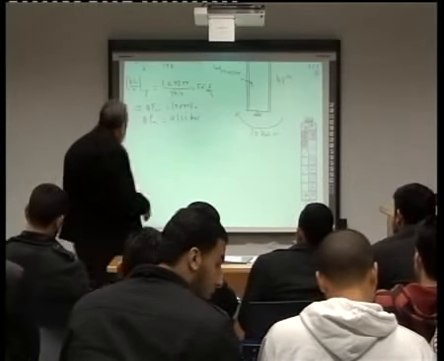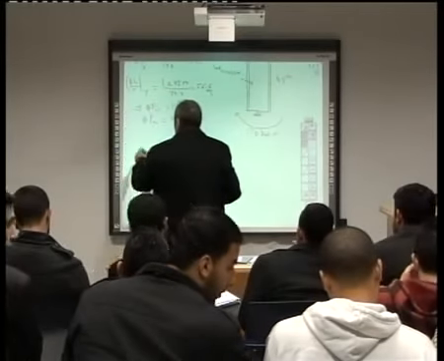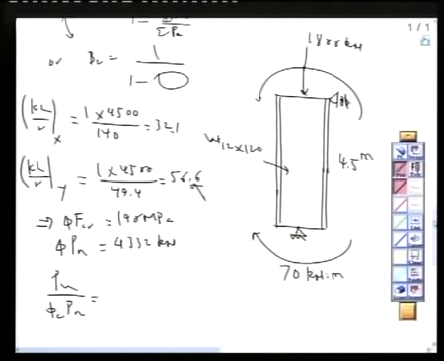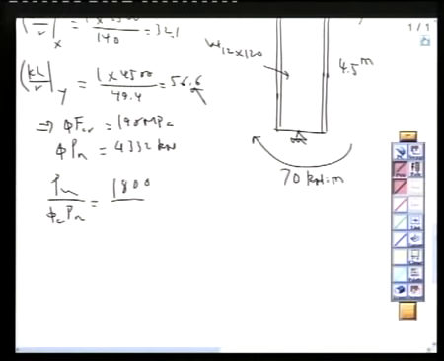Okay, now, to calculate B ultimate over phi c Bn, we have B ultimate in the question 1,800. 1,800 divided by 4,332 will be 1.043.